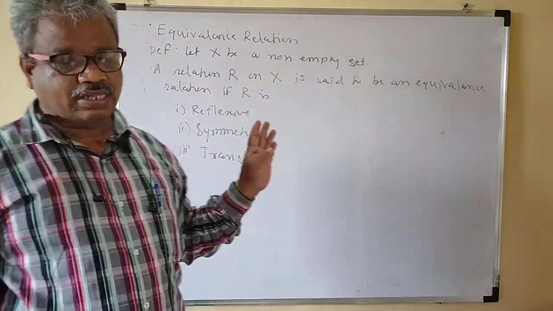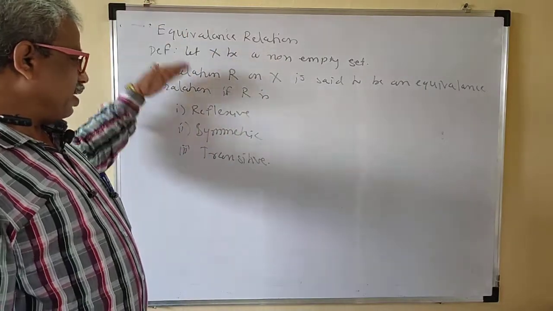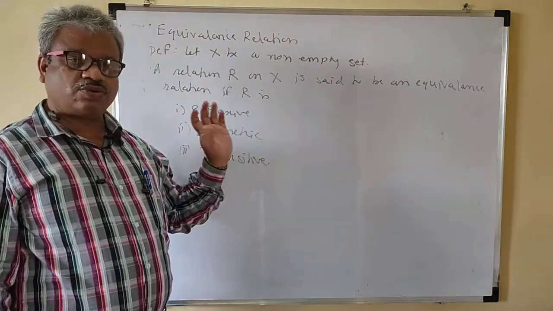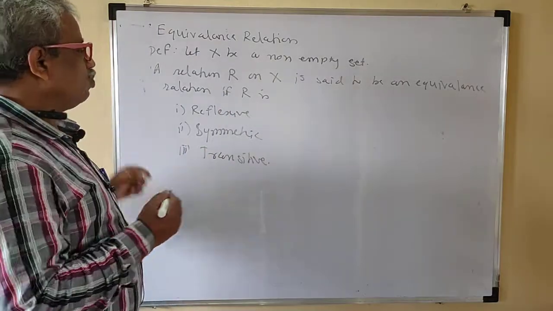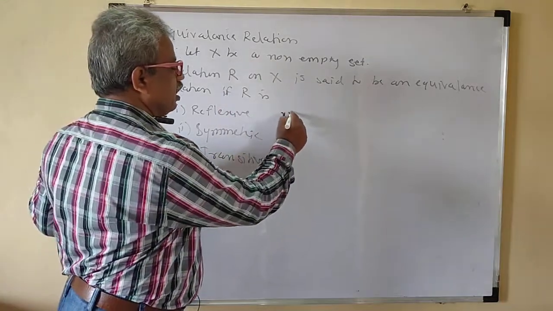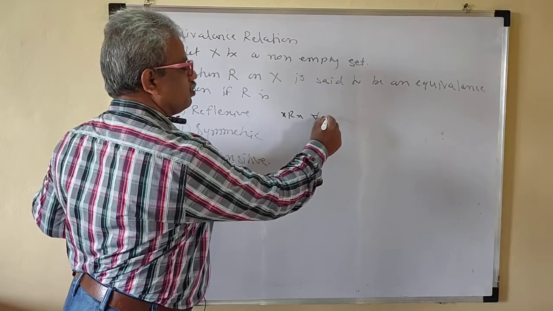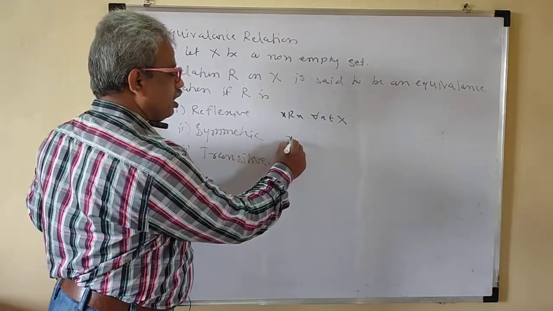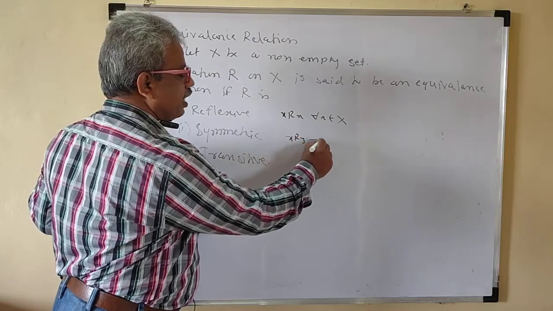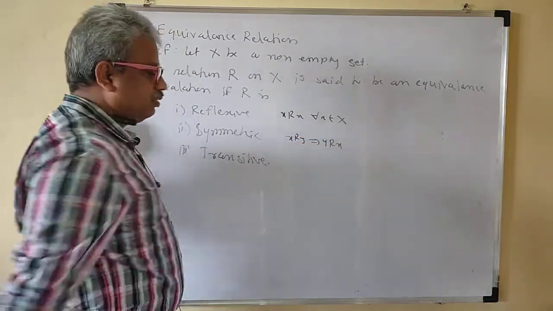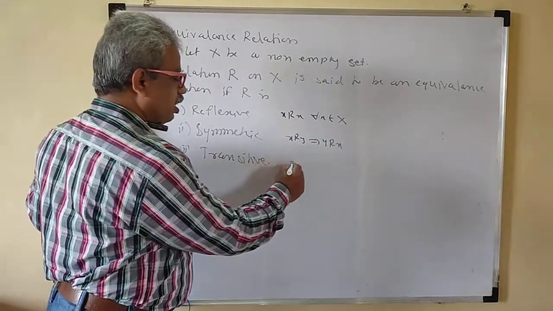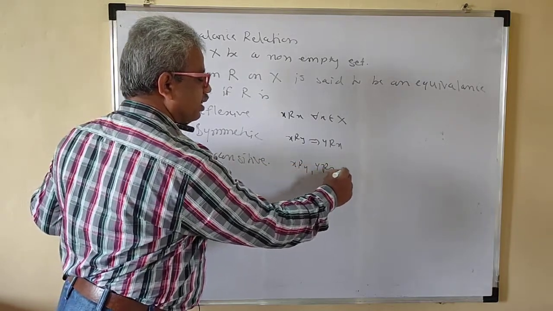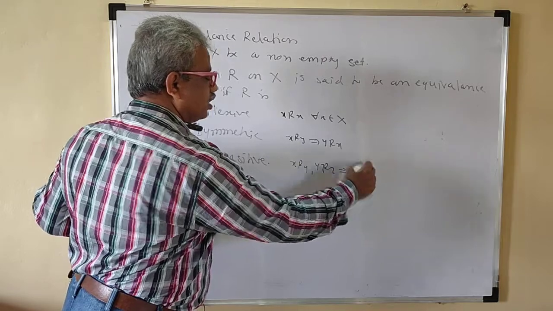Remember, reflexive means x is related to x for all x belonging to X. Symmetric means x related to y implies y related to x. Transitive means x related to y and y related to z implies x is related to z.